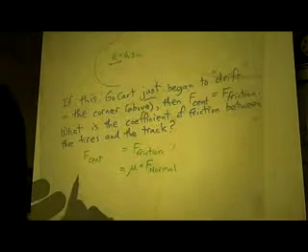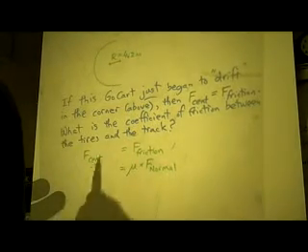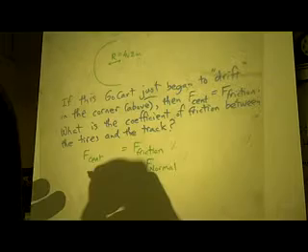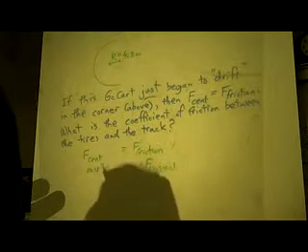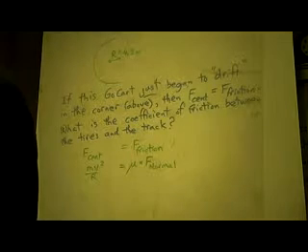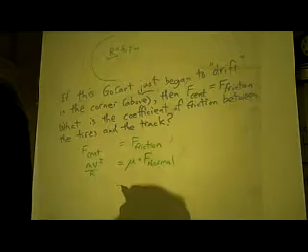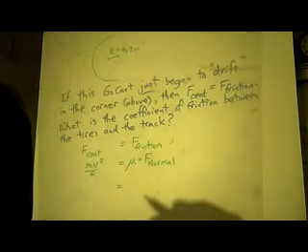And if you remember from two days ago, we talked about F centripetal being mv squared over r. So we got mv squared over r is equal to mu times F normal. Doesn't really tell me a whole lot yet, but it will.